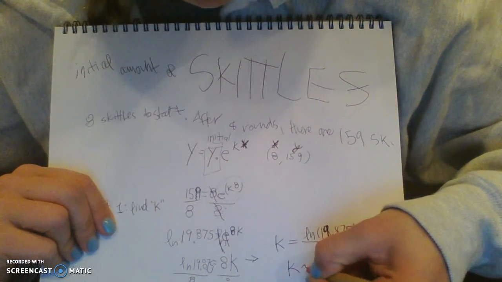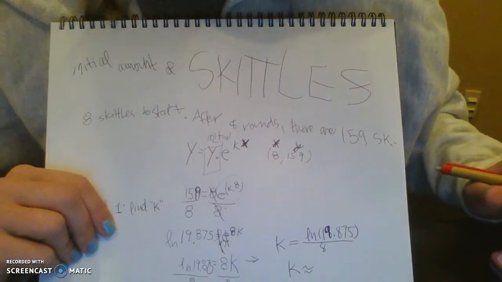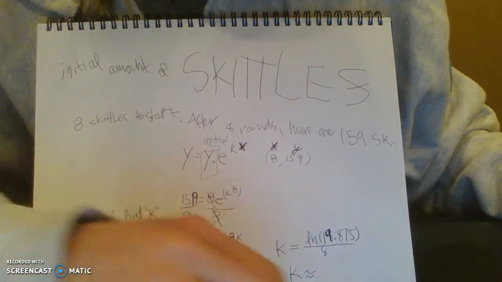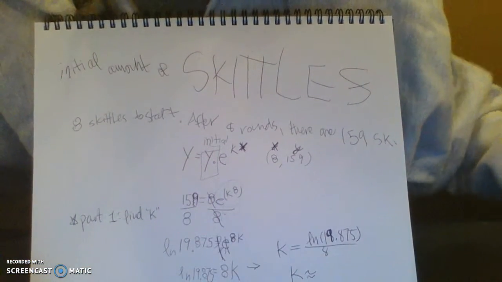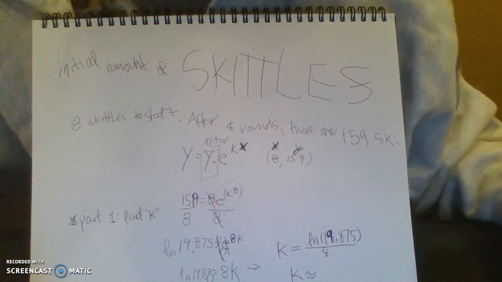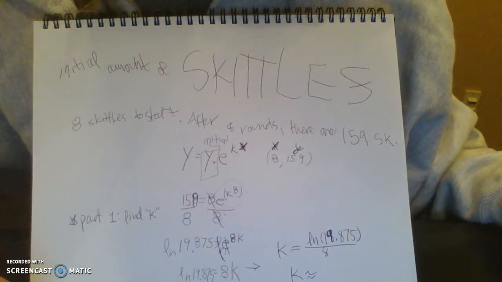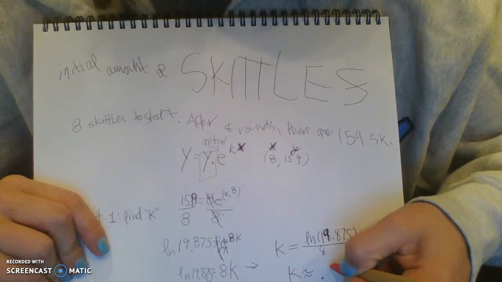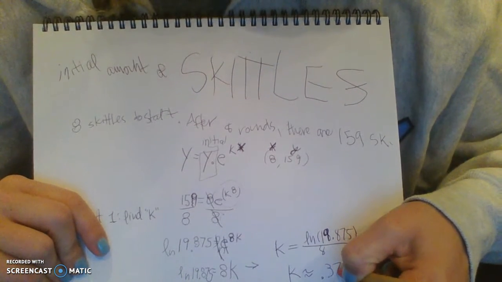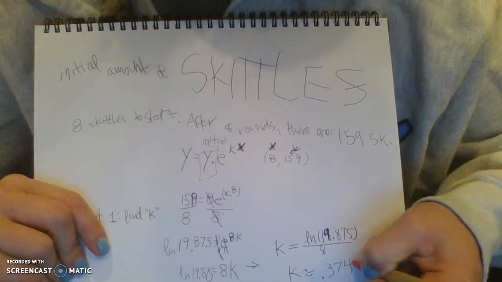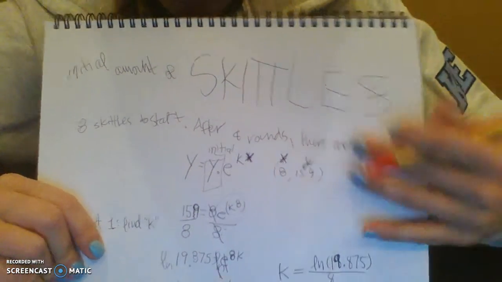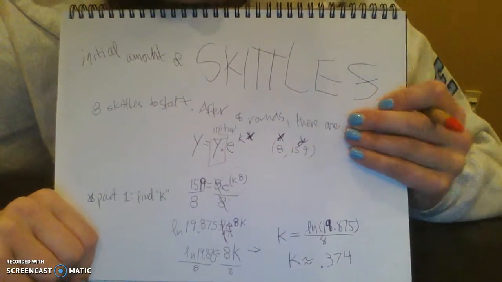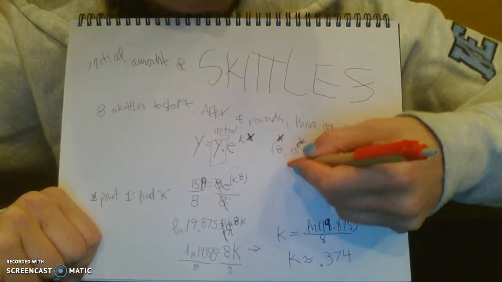You should get that k is approximately, okay, hold on, the ln of that number divided by 8 equals, okay, I got 0.374, because whenever you cut off the decimals, you're rounding. So k is 0.374.